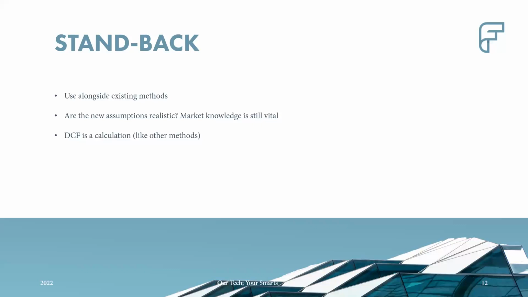In terms of steps to get more comfortable and to do what the RICS is recommending, the first step is to use DCF alongside other techniques in those markets where DCF is not necessarily the only way that people buy them. So if you're using more traditional techniques, the first step is to analyze your valuations using a discounted cash flow.